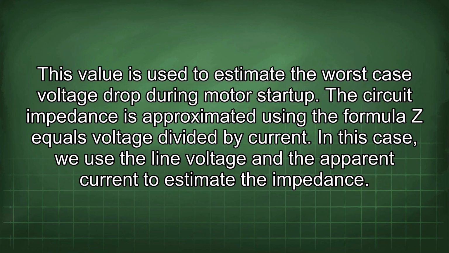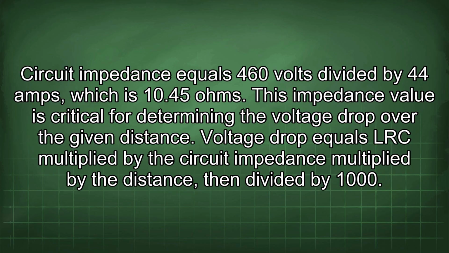The circuit impedance is approximated using the formula Z equals voltage divided by current. In this case, we use the line voltage and the apparent current to estimate the impedance. Circuit impedance equals 460 volts divided by 44 amps, which is 10.45 ohms. This impedance value is critical for determining the voltage drop over the given distance.